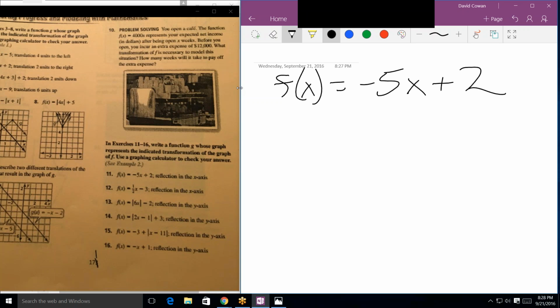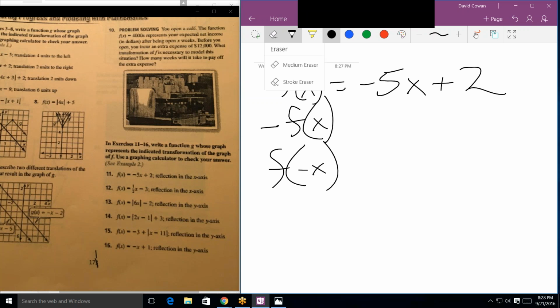Does the negative sign go in front of the f of x or in front of the x inside the parentheses? Yes, it goes in front of the f, because it's a vertical reflection. In other words, a reflection over the x-axis is a vertical reflection. So this is what I want. A horizontal reflection would look like this. That's the difference.